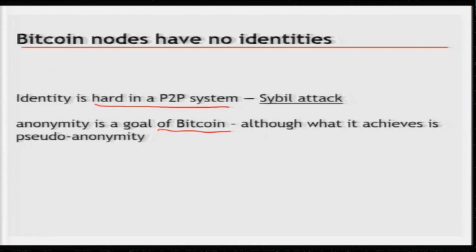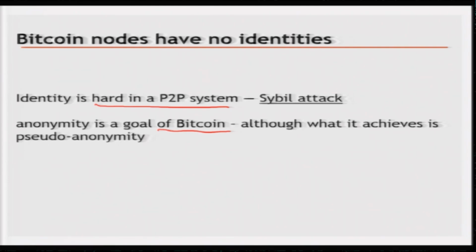Now, in the very beginning, this anonymity is not real anonymity, it is actually pseudo anonymity, because people are using various data mining techniques, because all the data of the Bitcoin blockchain is publicly available. So, you can look at the correlation between different addresses, how they transact with each other and so on, and they can determine that these addresses seem to be from the same entity and things like that.